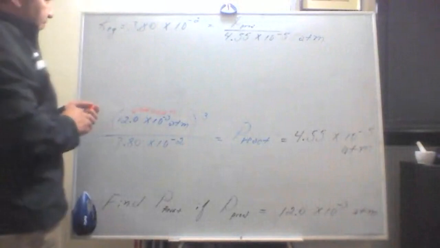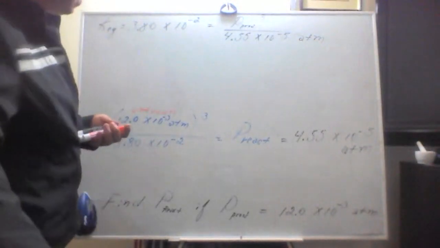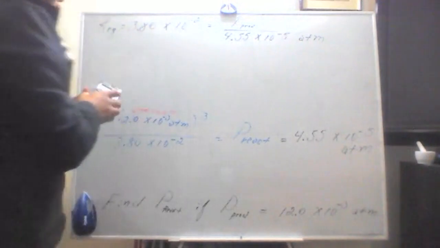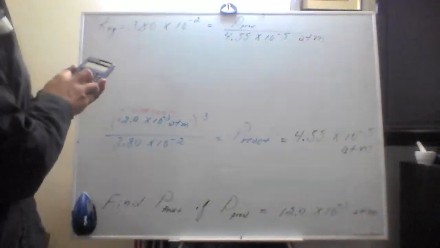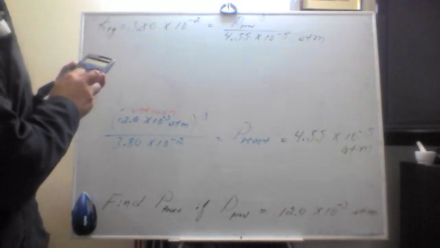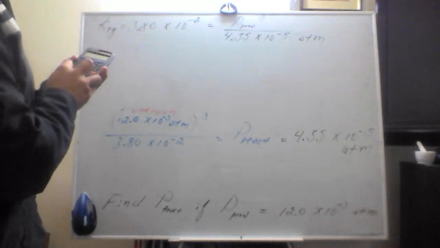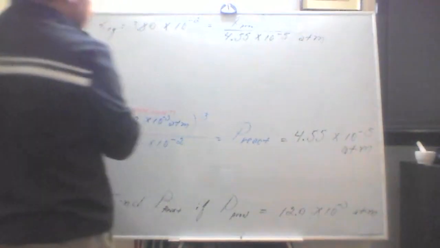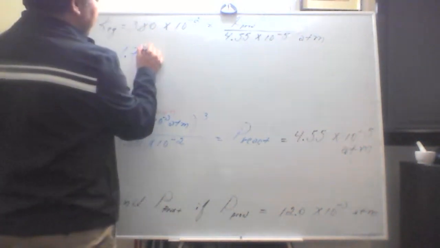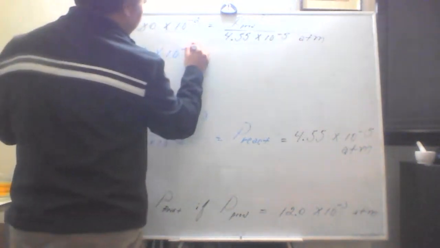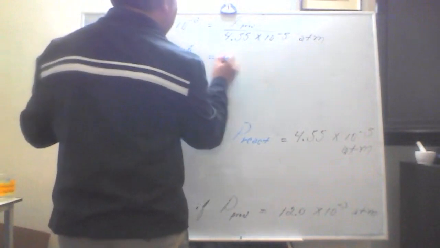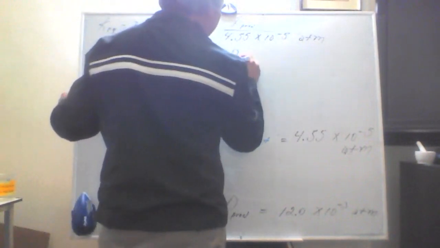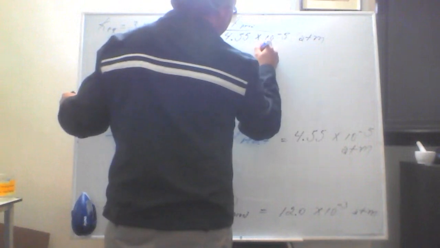Then we solve. So we put this here multiplying 4.55 times 10 to the minus 5 times 3.8 times 10 to the minus 2. 1.73 times 10 to the minus 6. So we get that 1.73 times 10 to the minus 6 is equal to the partial pressure of the product raised to the third power.